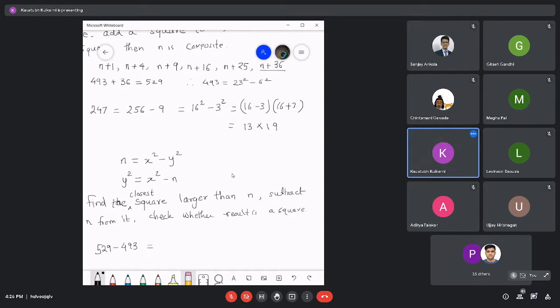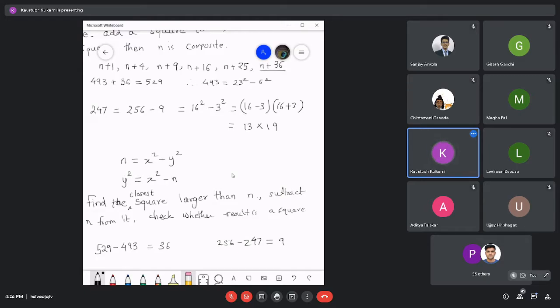Subtract it and you will get 36. That is one way. Similarly for 247, 15 square is 225, 16 square is 256. So 256 minus 247 is 9.